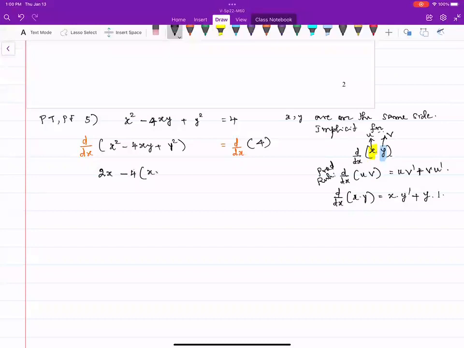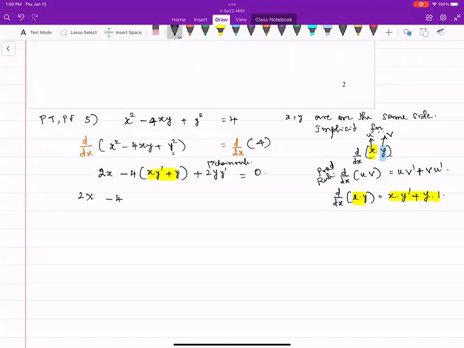So the derivative of xy is x y prime plus y. Then next is the derivative of y squared. Here you use the chain rule, just like the earlier problem. The outer derivative is 2y, the inner derivative is y prime. So what rule are we using? Chain rule: outer derivative times inner derivative. Then on the right-hand side, the derivative of 4 is 0.